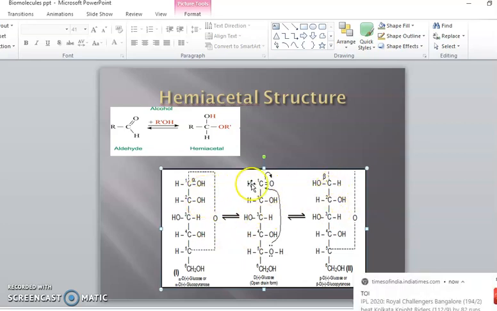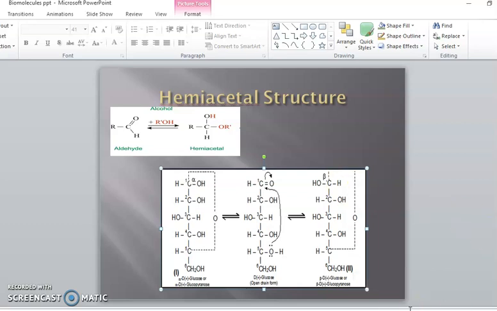This pair of alpha and beta-D-glucose are stereoisomers, and that pair of stereoisomers is called anomers, A-N-O-M-E-R-S. What are anomers? A pair of stereoisomers in which the orientation is different only on the anomeric carbon.